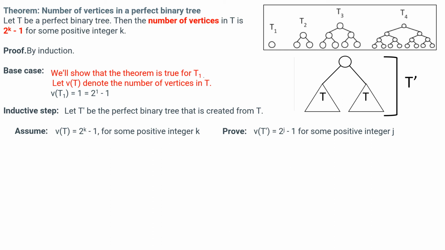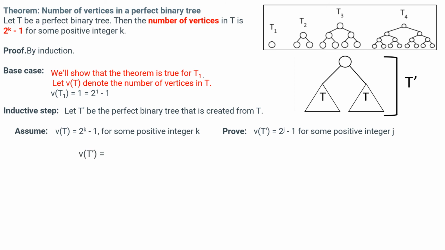So now for what we're proving, we're saying it's going to be 2 to the J minus 1 for some positive integer J. Now, we could still use it as, say, K, because in both cases, we're just saying it's some positive integer. But it could be a little confusing because somebody could say, well, wait, K's aren't equal. So we're just going to make things a little simpler, we're just going to call it J over here. So that's what we would need to prove, that in our new tree, T prime, we also have that property of the number of vertices equaling that.